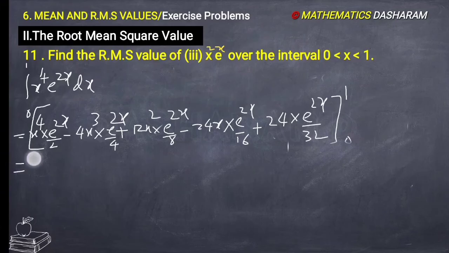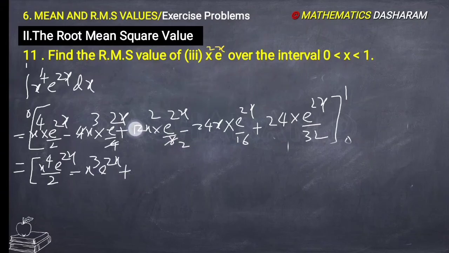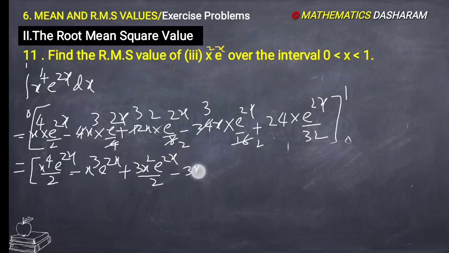So it is equal to x to the power of 4 into e power 2x divided by 2 minus, 4 cancels, x cube into e power 2x, plus 4 3s is 12, 3x square into e power 2x divided by 2 minus 8 2s are 16, 8 3s are 24, 3x into e power 2x divided by 2.